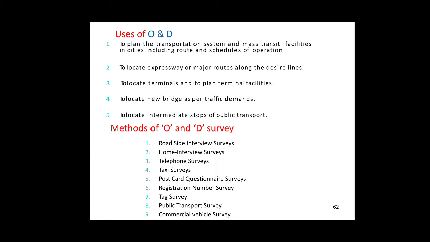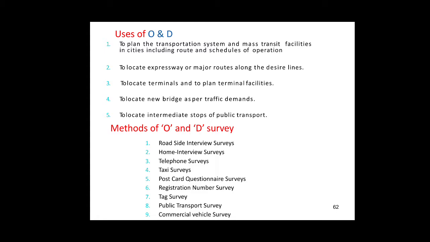Next is to locate the expressway or major routes along the desired lines. Now, if we know the starting point of the trip and the end point of the trip, then depending upon these two points, we can locate the expressway or the major routes.